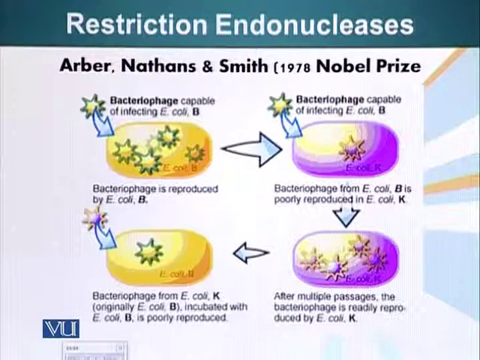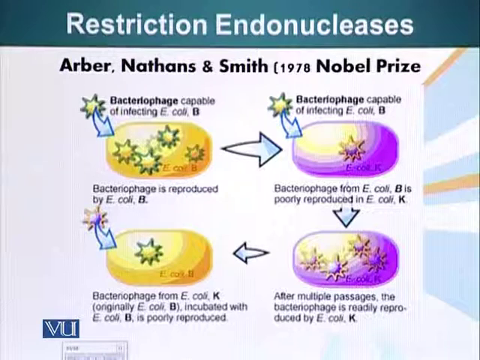When this virus was used to infect a different strain, E. coli K strain, it was very ineffective in infecting that E. coli K strain. After several generations, the virus was adapted to infect and grow in the E. coli K strain.